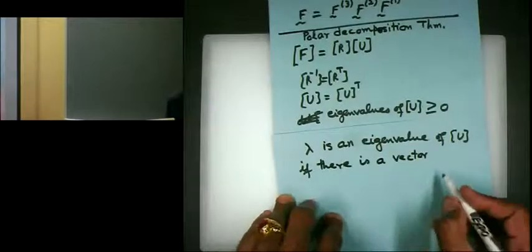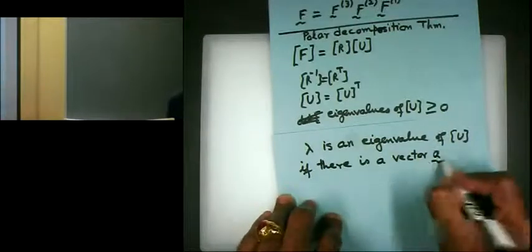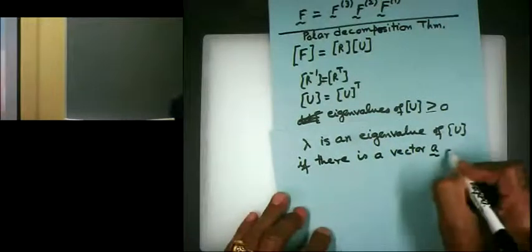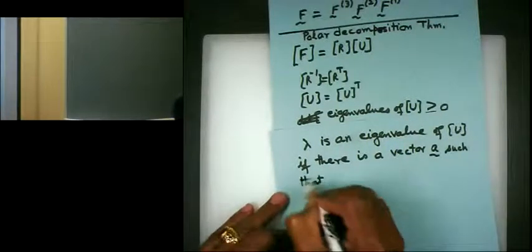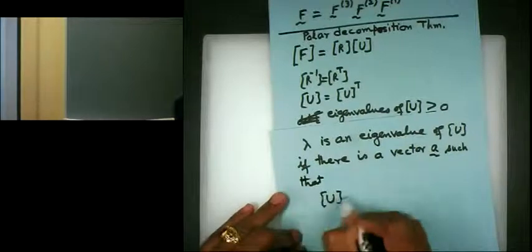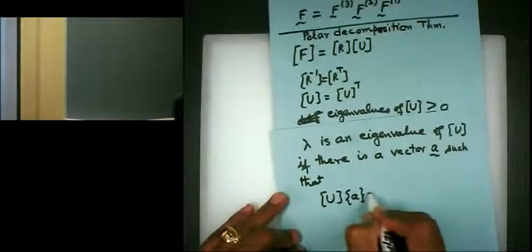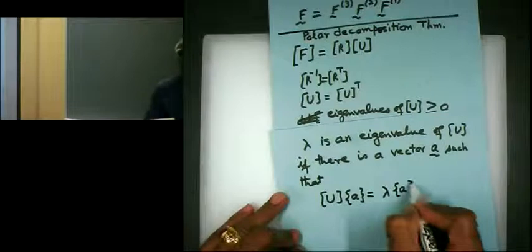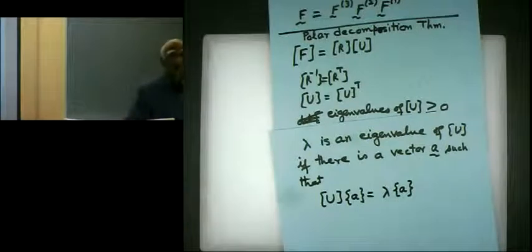Say A. If there's a vector A such that U operating upon A equals lambda times A. You know, in the book, there is a section called mathematical preliminaries.